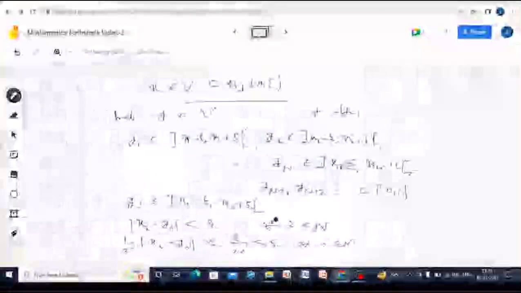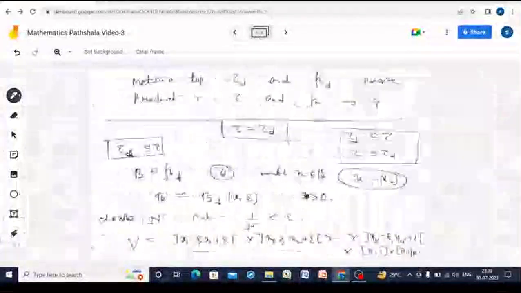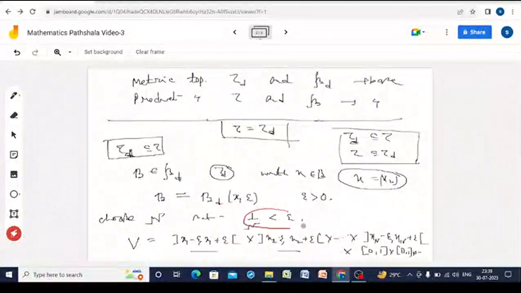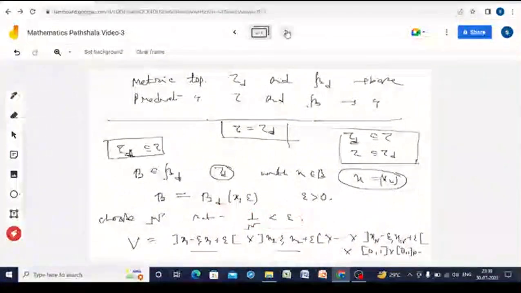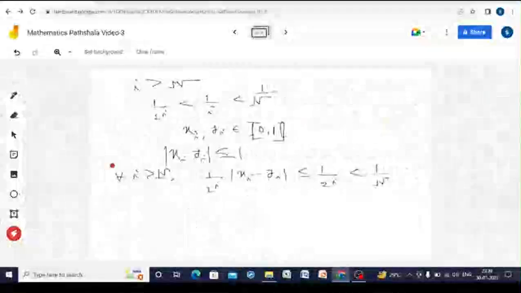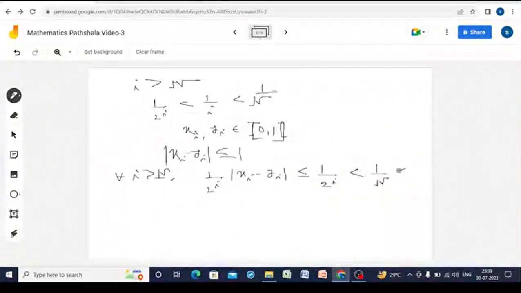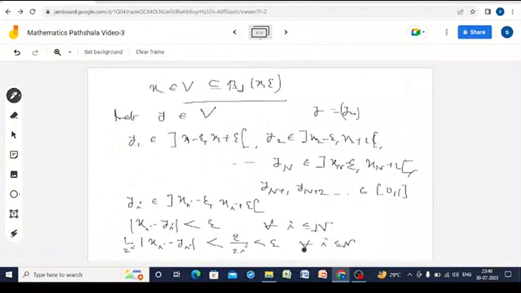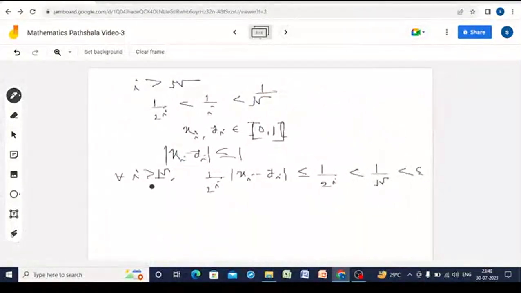And also we have taken n such that 1 by n is less than epsilon. So here this 1 by n is less than epsilon. So see, first we have calculated for any i less than or equal to n, 1 by 2 to the power i times |xi - yi| is less than epsilon, and then we have seen that for all i greater than n also 1 by 2 to the power i times |xi - yi| is less than epsilon.